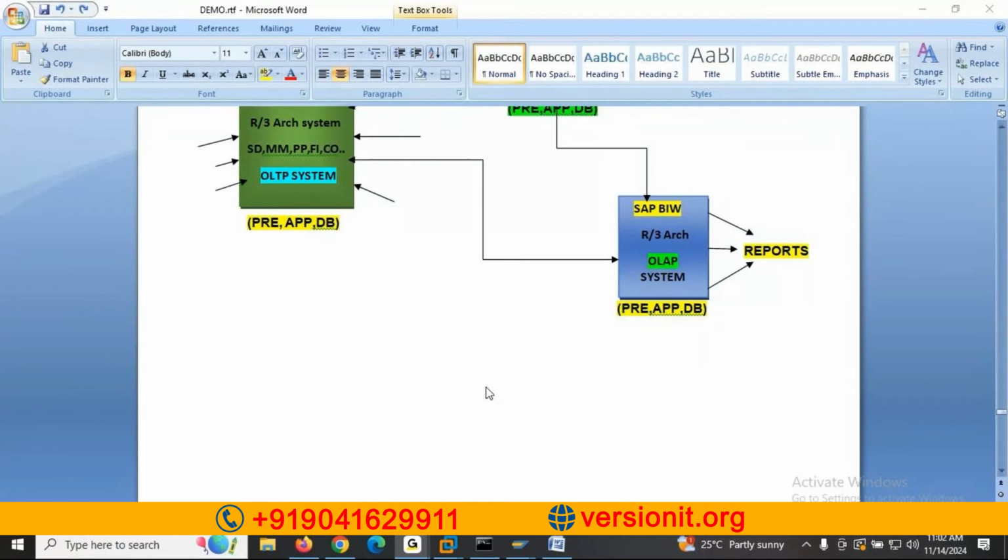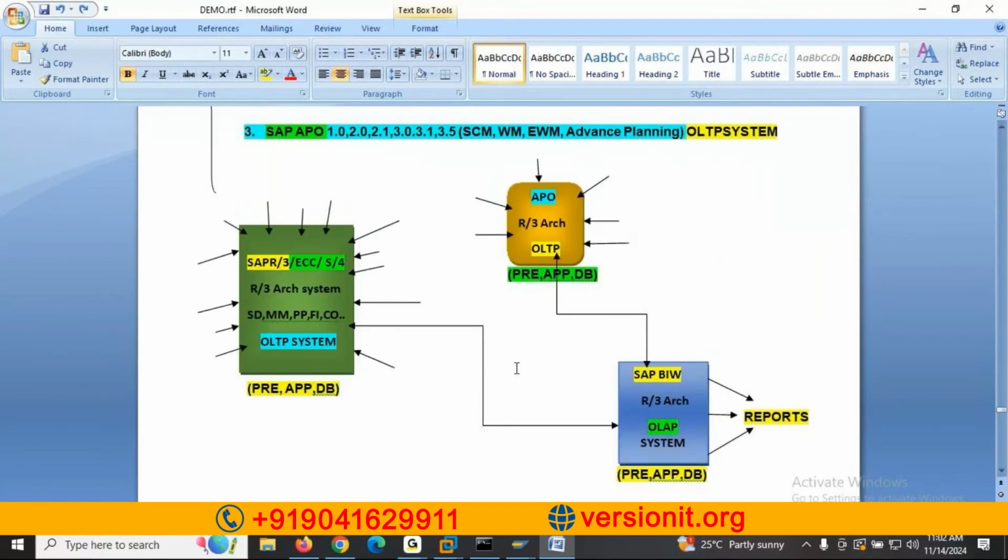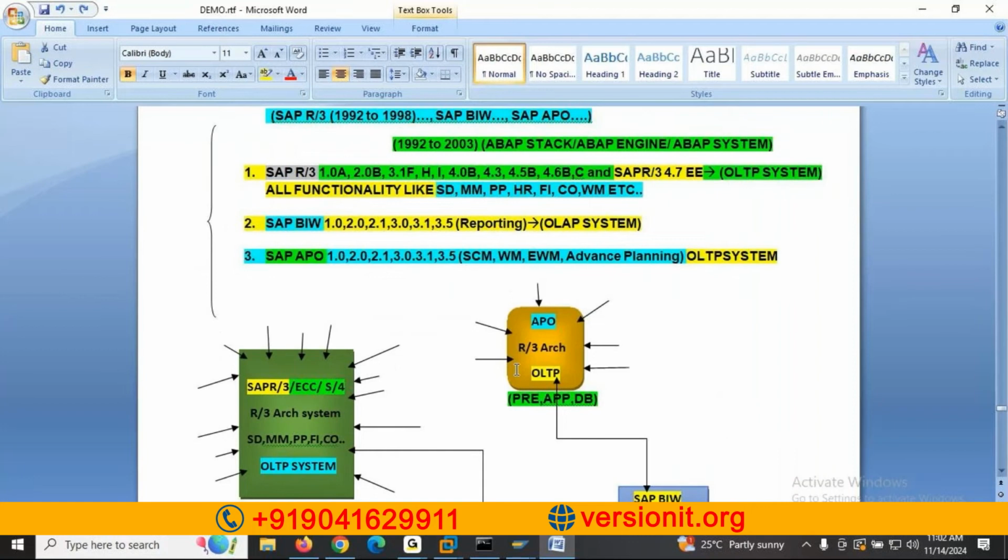So now let us focus on those software applications. Write down the three software applications designed on R3 architecture.